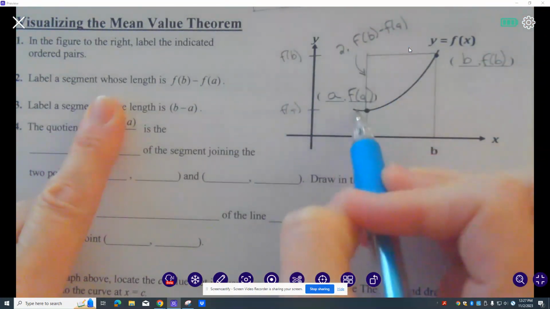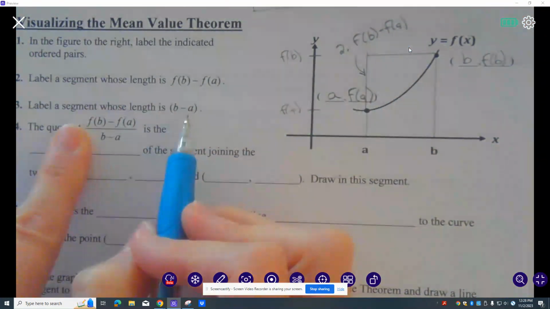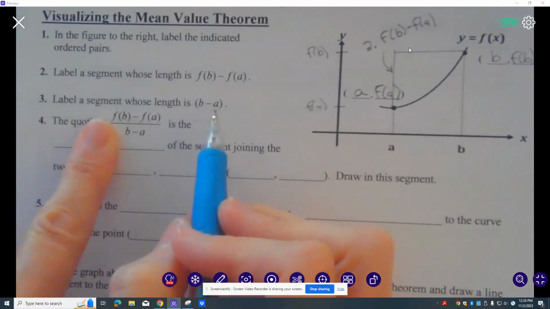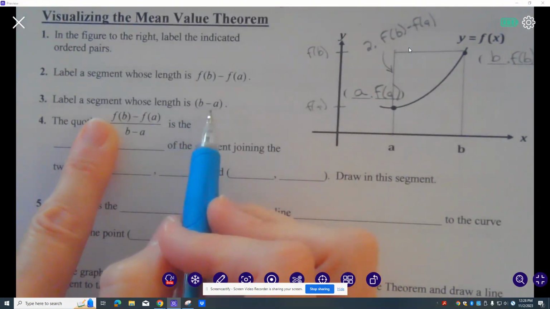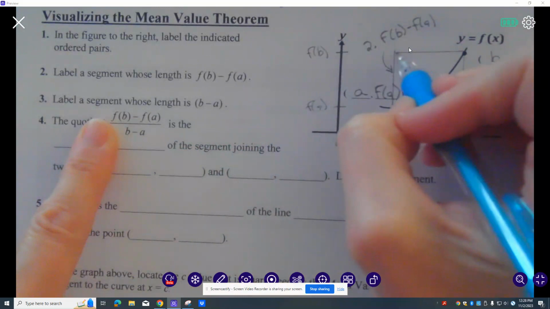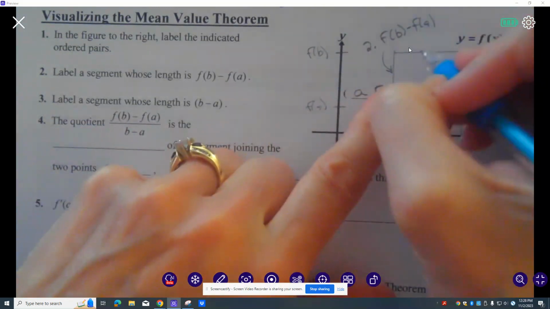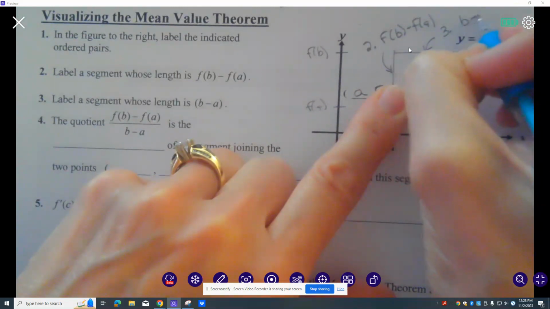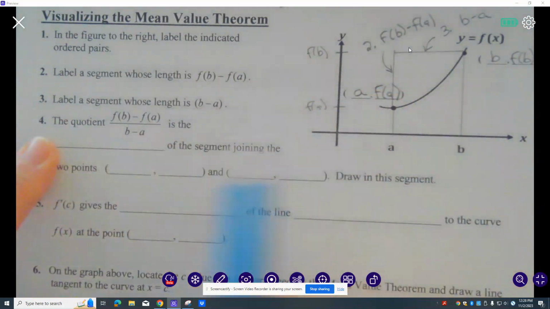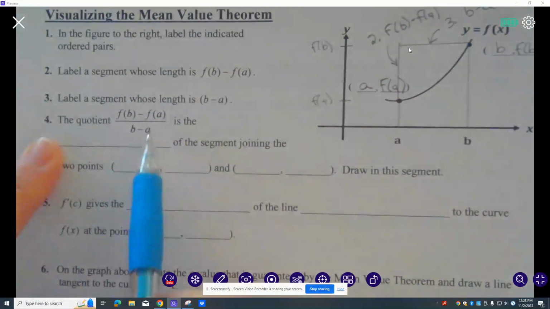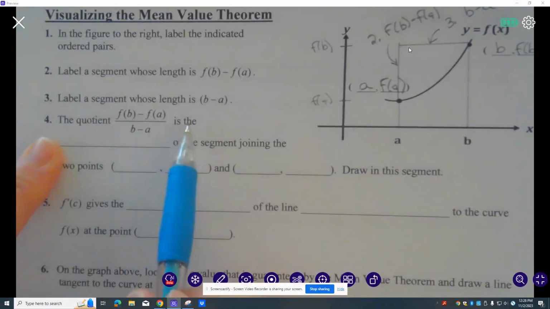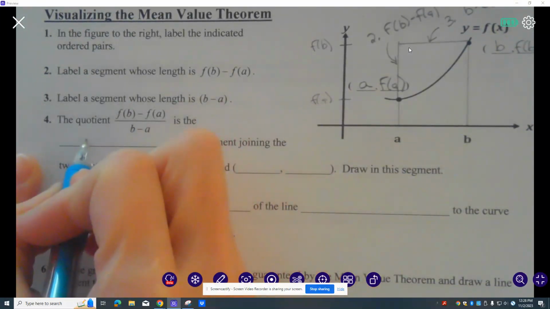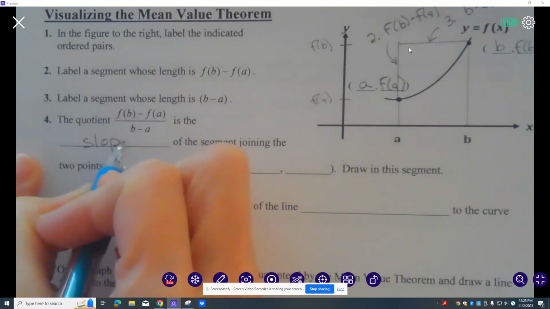This segment right here. Label the segment whose length is b minus a. So these are x values, so this should be a horizontal. That's this distance right here. So this is number 3, b minus a. The quotient, f of b minus f of a over b minus a, should look familiar, that's algebra 1 slope.